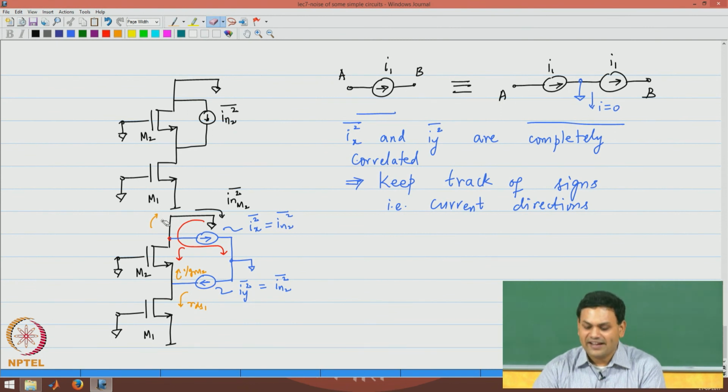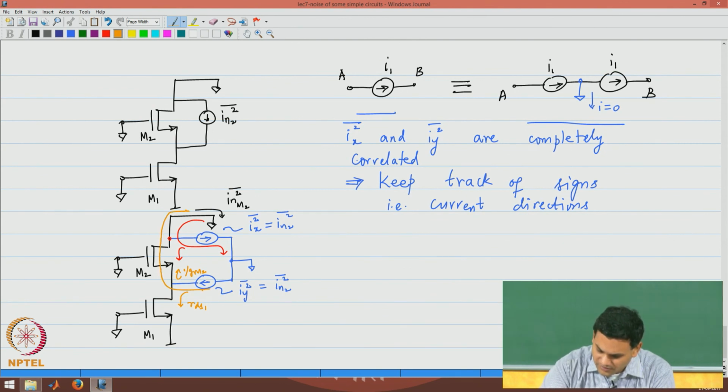Since I have taken a specific direction, the current flow path for Ix is downwards and the path for Iy is upwards. I will show that in a different color like this.